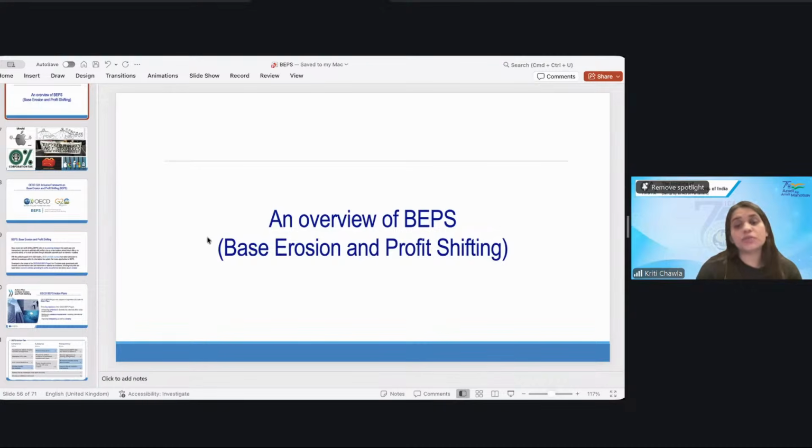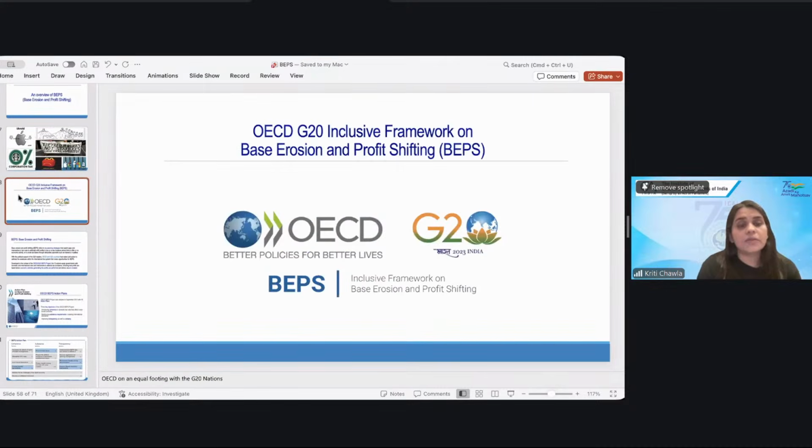There was something that was to be done to make sure that this profit shifting from high tax jurisdiction to low tax jurisdiction does not happen, and base is not eroded using deductible payments, etc. This is the reason the OECD nations and the G20 nations got together, and they came up with a framework called the OECD G20 inclusive framework on base erosion and profit shifting. They came up with BEPS.